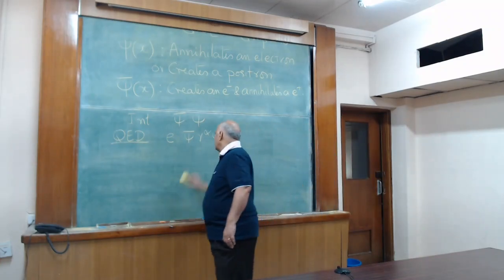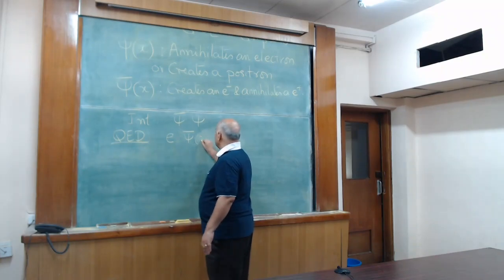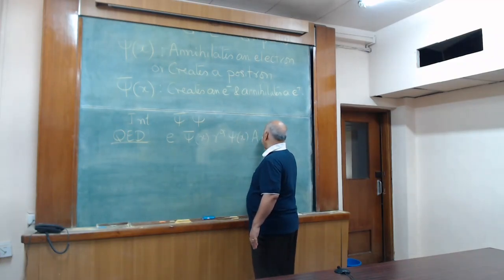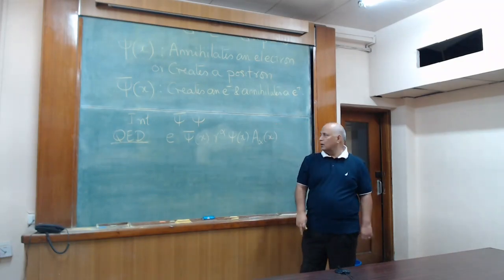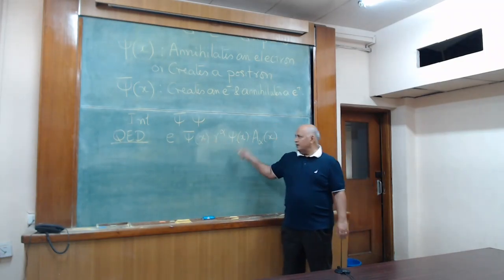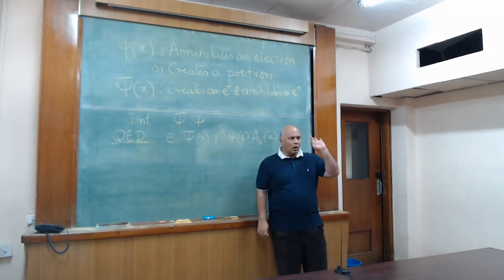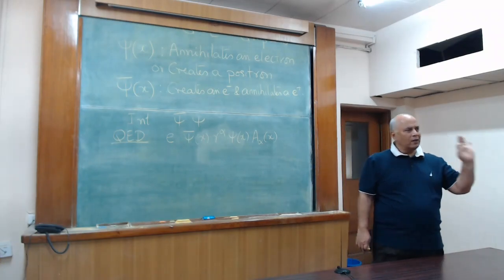One important detail I should emphasize: psi bar of x, gamma alpha, psi of x, A alpha of x. All 3 fields, psi bar, psi and A, have exactly the same space-time coordinate.